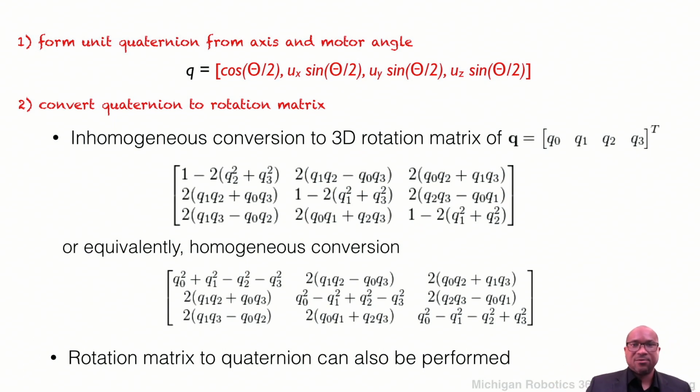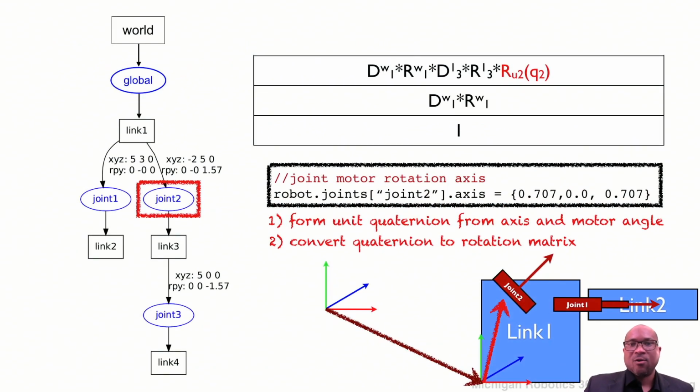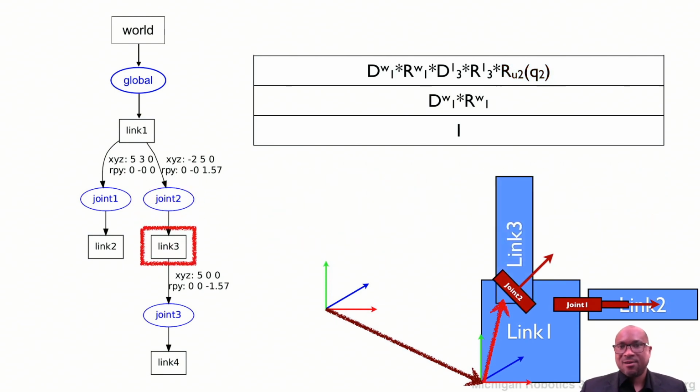We can take that quaternion and plug it into one of these forms to do a conversion. We then use that to form our rotation matrix that we multiply onto our stack. That should allow us to perform an arbitrary rotation about an arbitrary axis, which can then be used to put link 3 on.